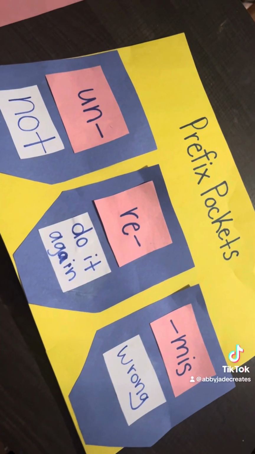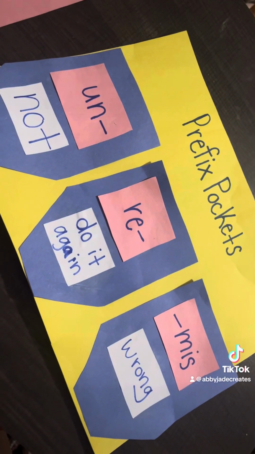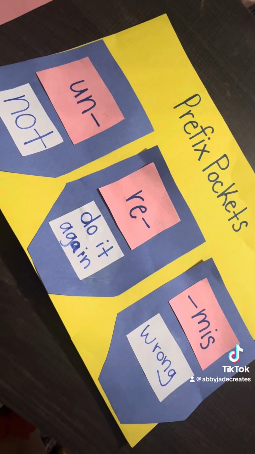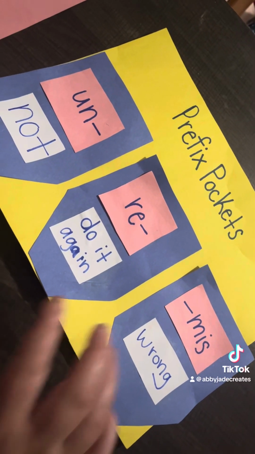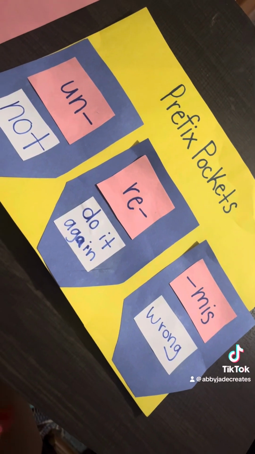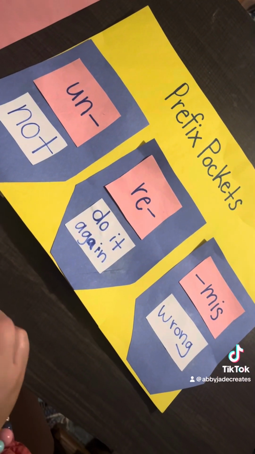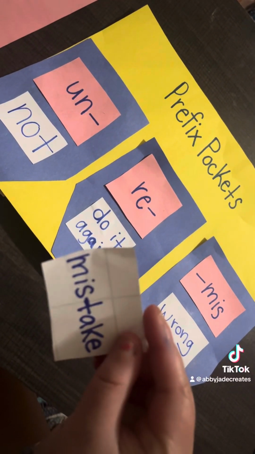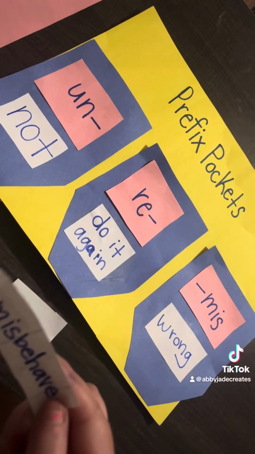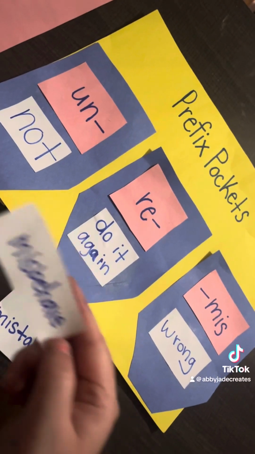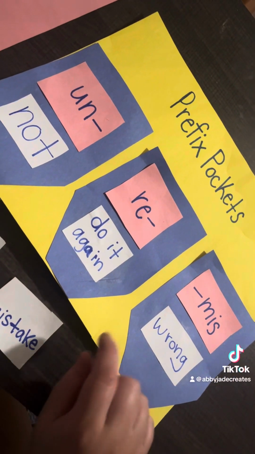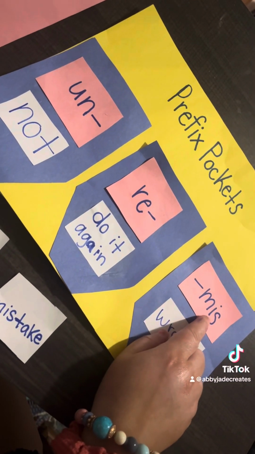The next activity that we're going to look at is a morphology activity. The activity name is prefix pockets. And in this activity, we've got different words. And I would get with the students probably in small group, and we would look at each word and try to match them with the right prefix.